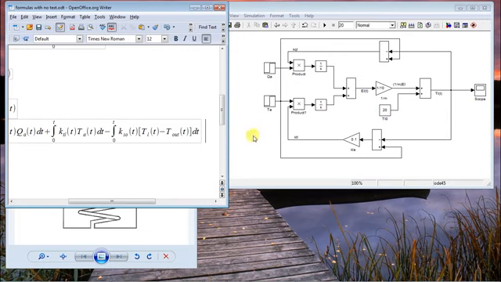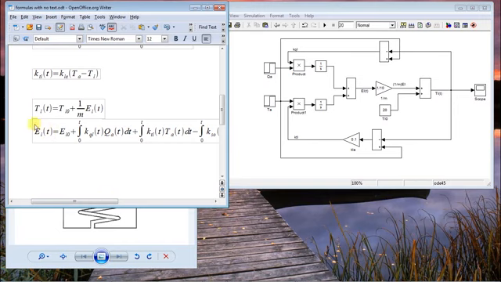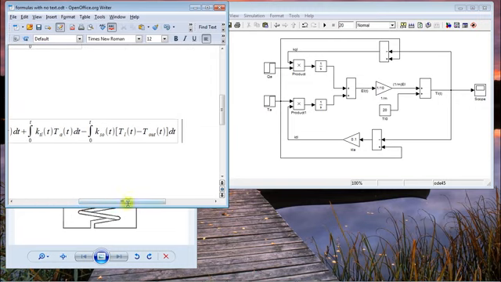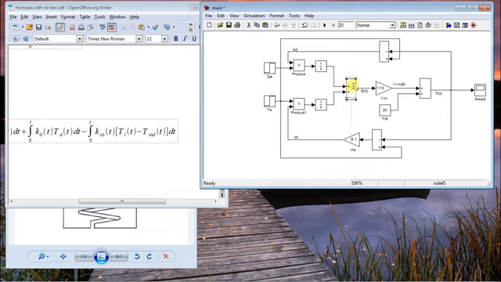How to model this? We must see that the formula for our energy has changed. So it has this extra component over here. I'm going to assume that KSO is a constant, and I'm going to add this component over here like this.